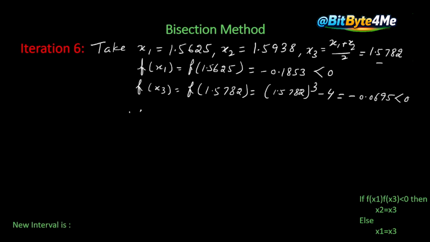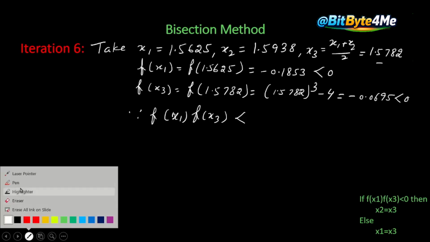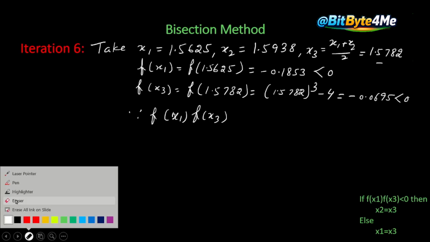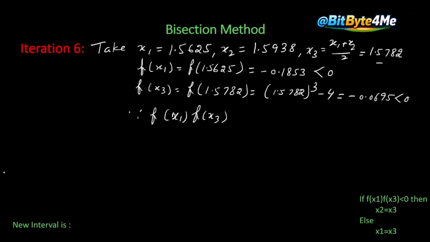So f of x1 is less than 0, f of x3 is less than 0, so f of x1 into f of x3 is greater than 0.